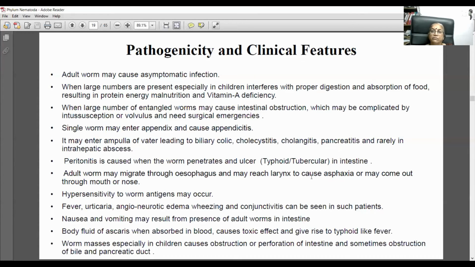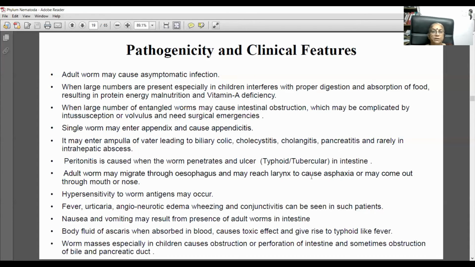Then, when the worms go in the circulation and they are blocking the blood vessel of the pancreas, then pancreatitis is caused. That is inflammation of the pancreas. Sometimes you will see intrahepatic abscess. Now, intrahepatic abscess means what?